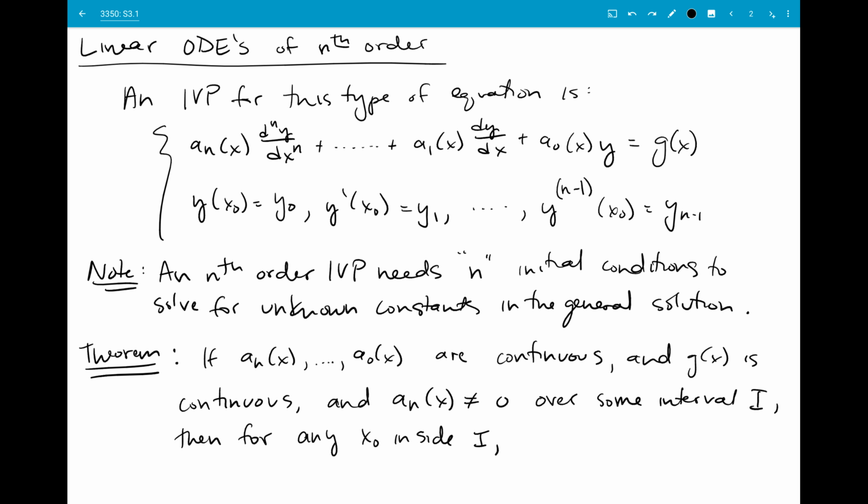If you start from that point, then a solution y of x to the initial value problem is unique. So this should feel familiar to the first initial value problem theorem we learned, which also depended on the coefficients and the right-hand side being continuous. Just now we have many more coefficients, so more conditions that have to be met.